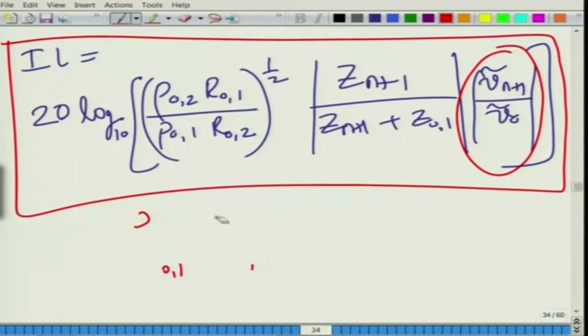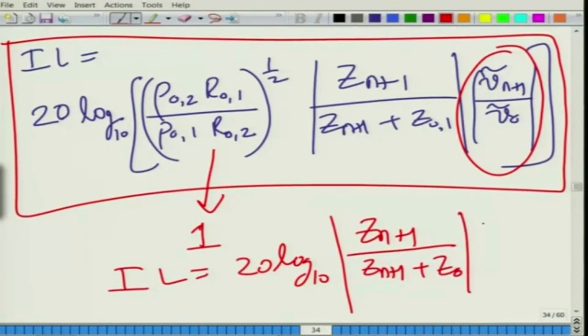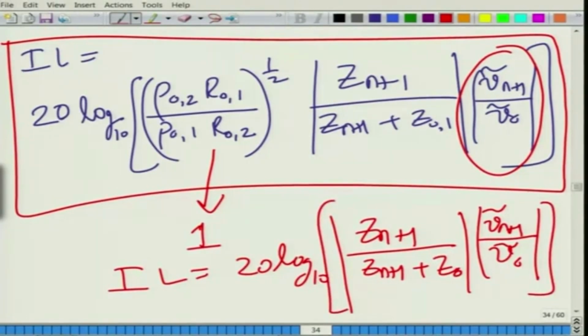As a result, this entire term is evaluated to be 1, and insertion loss can simply be written as 20 log to the base 10 of Z n plus 1 by Z n plus 1 plus Z naught times V n plus 1 tilde by V naught. This is known as VR n plus 1 or simply VR, which is the velocity ratio.